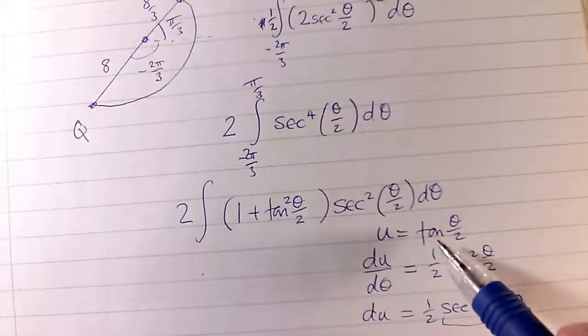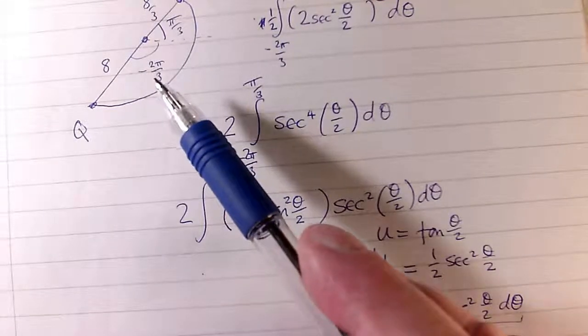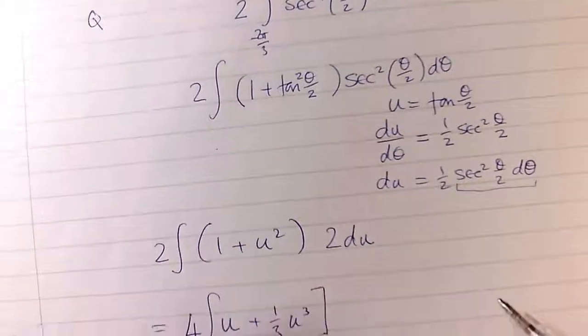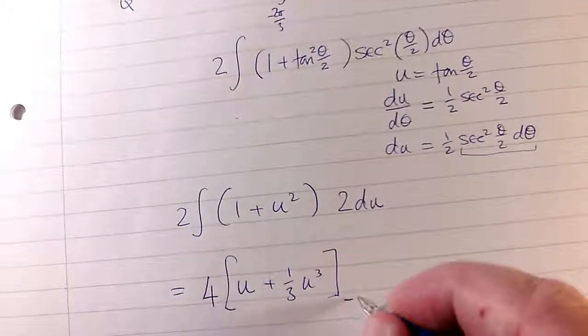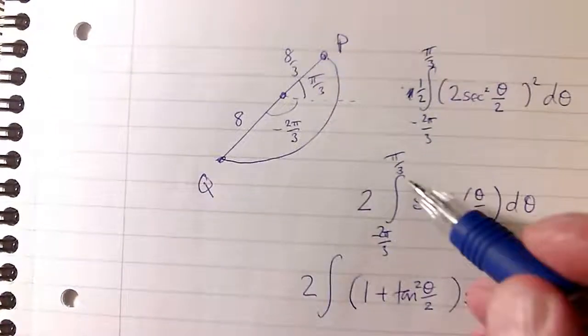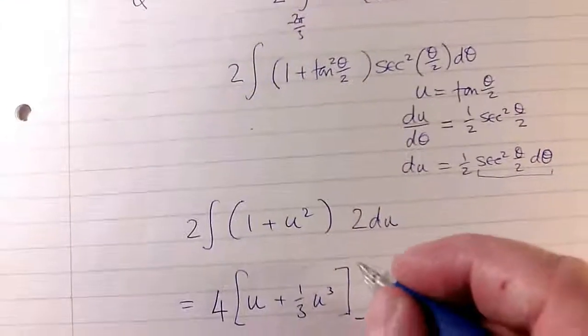Okay, my u values are the values of tans of half of those thetas. So when theta is the bottom limit, minus 2 pi by 3, I need to know that tan of minus pi by 3 is minus root 3. Okay, and for the top limit, when theta is pi by 3, half of that is pi by 6, tan of pi by 6 is 1 over root 3.